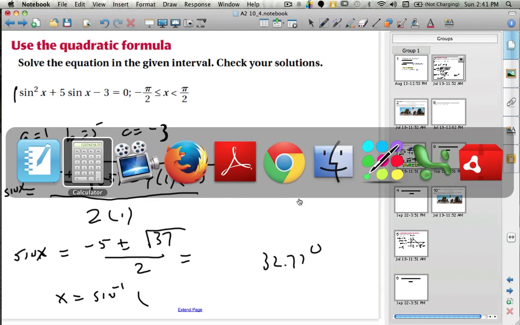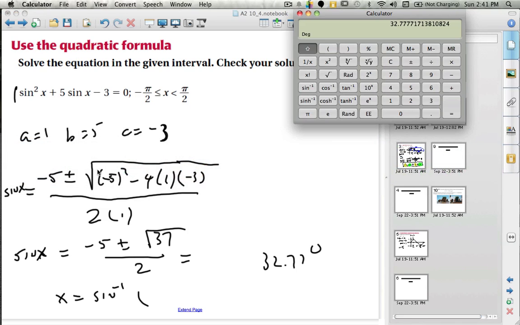And if I go back and I do that again, so I'll again take the square root of 37, I'll have the opposite of that, and I subtract 5, and I divide it by 2, I get that. So I can't find the sine of the negative number, so that's not going to work out.